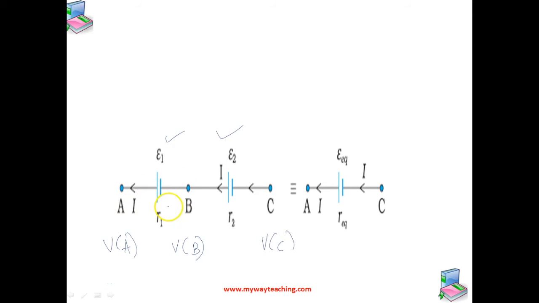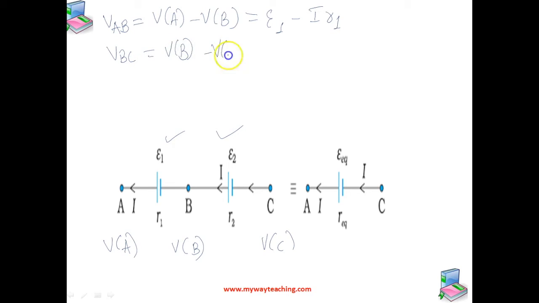V of A minus V of B. Then we can write VAB is equal to V of A minus V of B. So we know this formula already. Similarly, we can write VBC is equal to V of B minus V of C, that is epsilon 2 minus IR2.